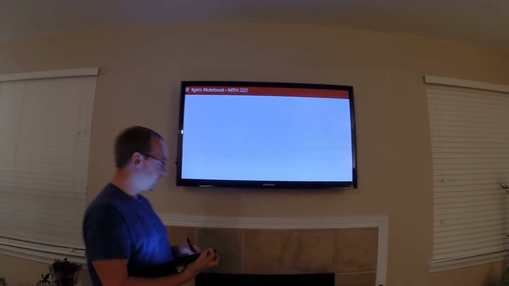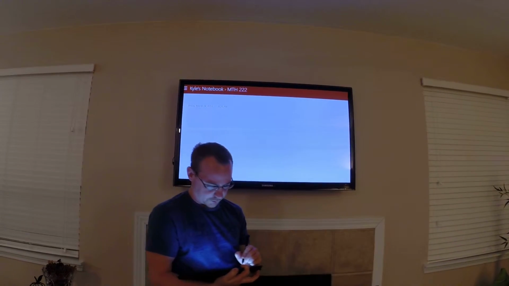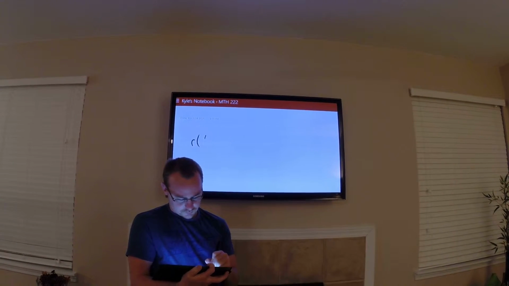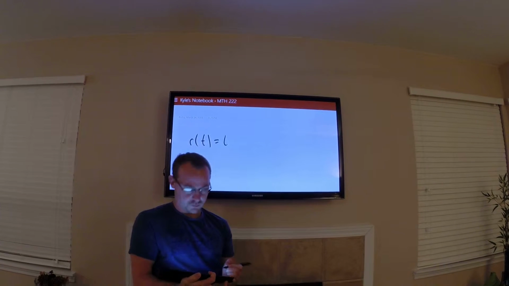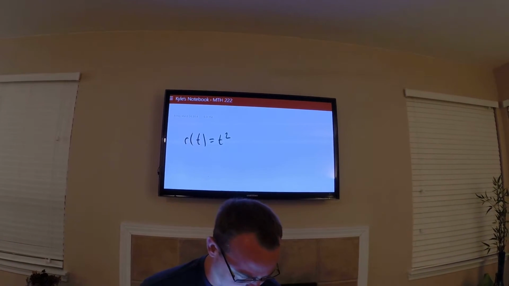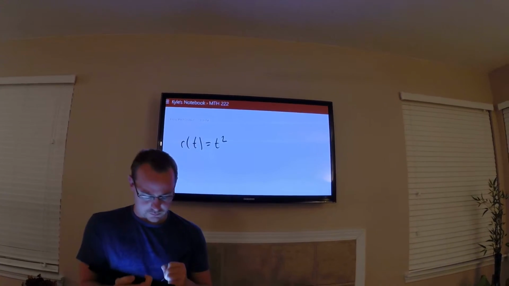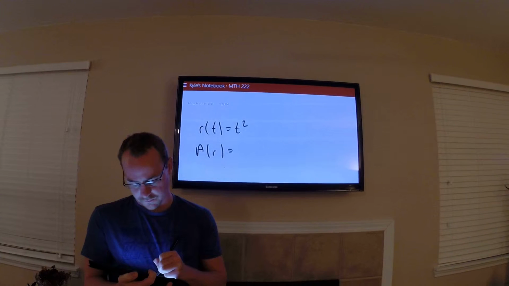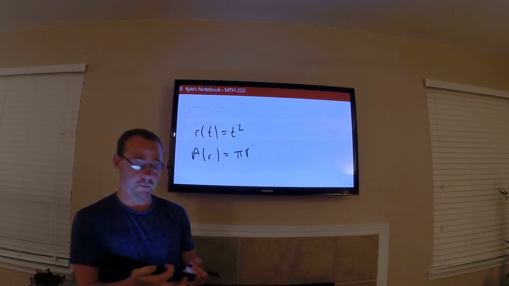So the two functions we are given in this problem are our radius, which is equal to t squared, and then we're also given the area, which is pi r squared.